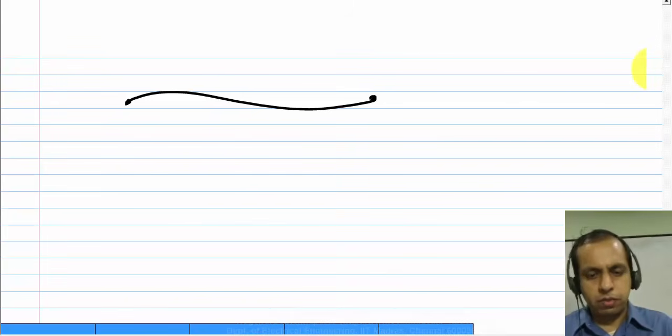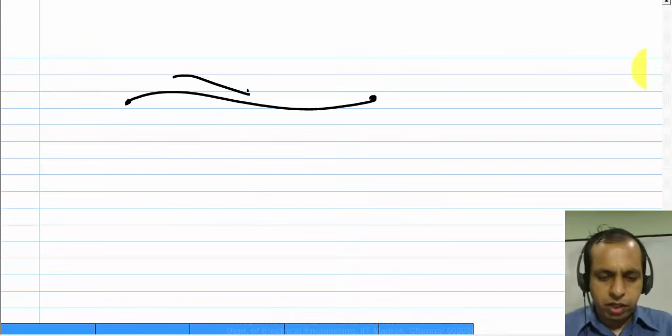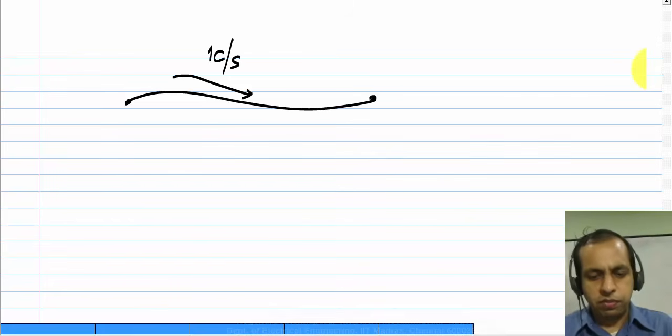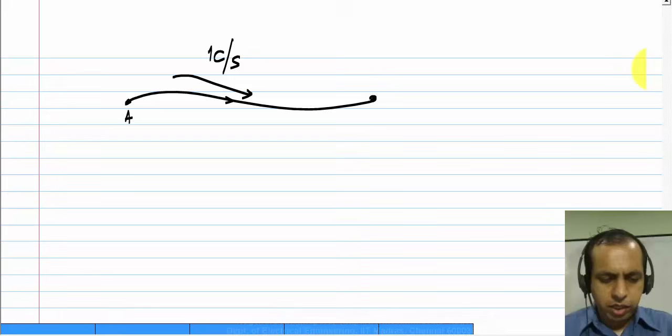Let's say we have a wire and we have 1 coulomb per second of charge flowing in this direction. Okay. So what does this mean?